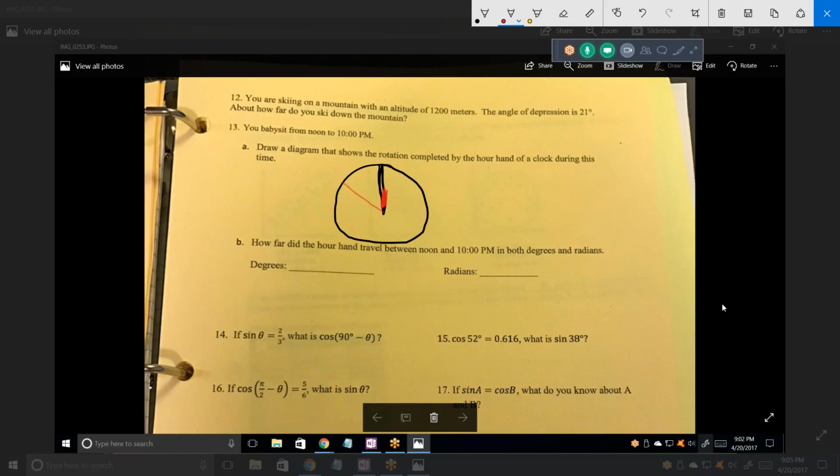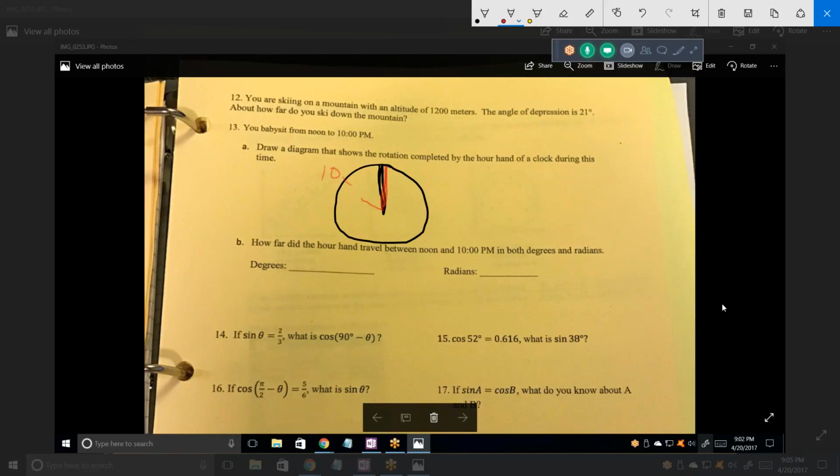No, I got it backwards. Good God, that's embarrassing. No, you're good. It's the little hand. The little hand is pointing at 10, correct? And the big hand is pointing at noon.